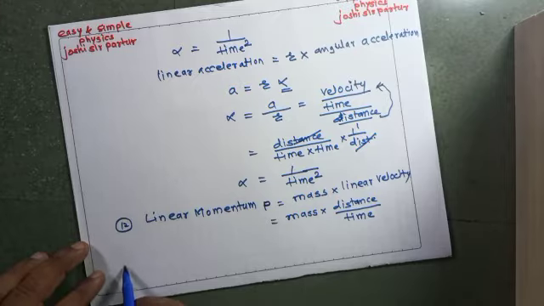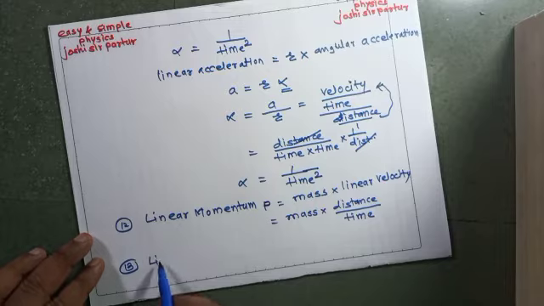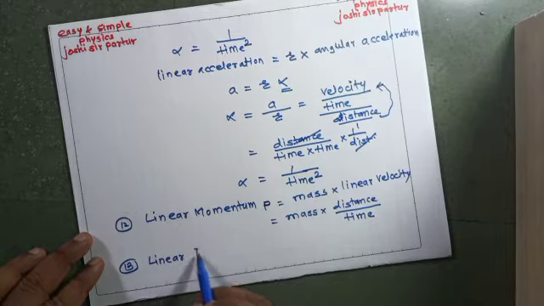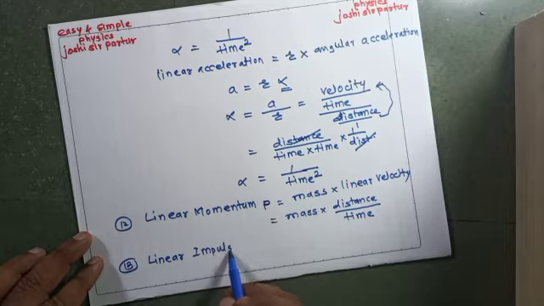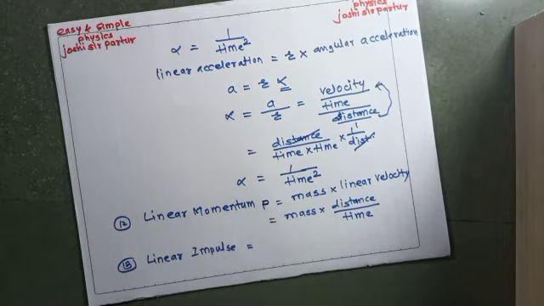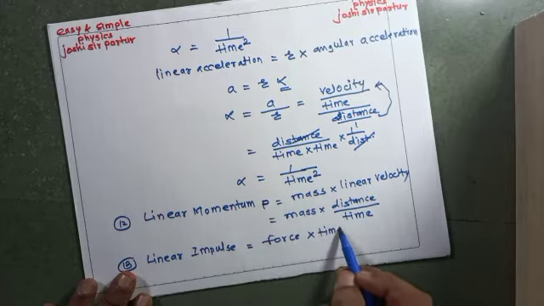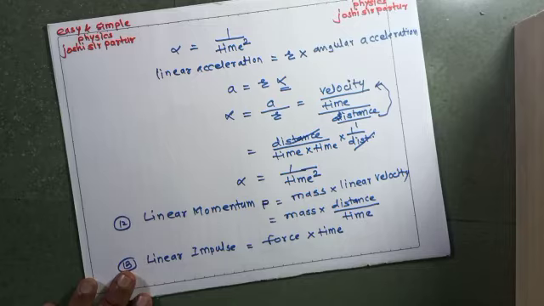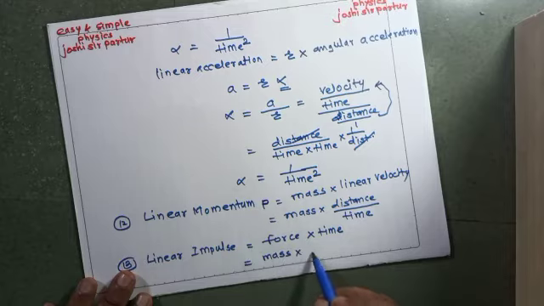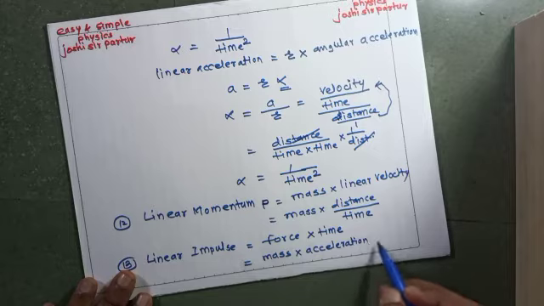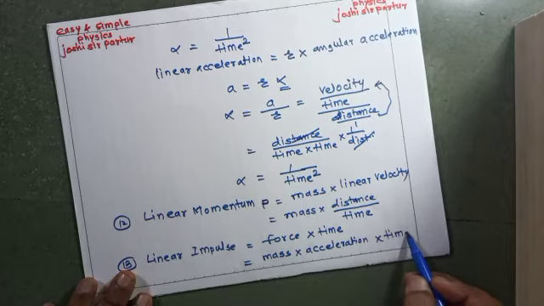The next physical quantity is linear impulse. Linear impulse is the product of force and time. We know that force is mass multiplied by acceleration, multiplied by time.